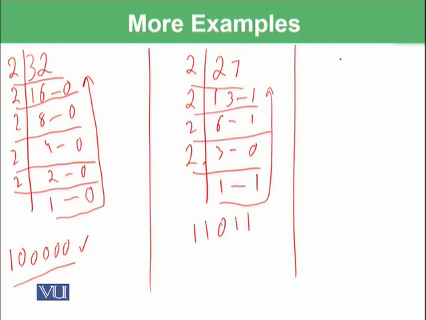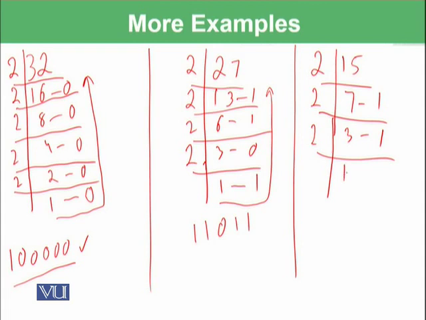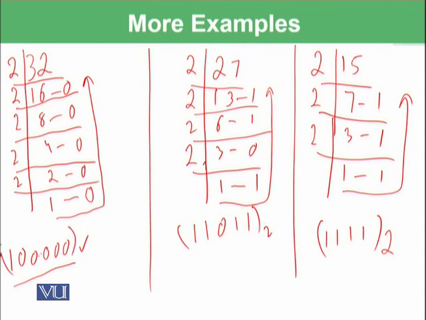We want to see the decimal 15 in binary notation. 2 sevens are 14, 1 is left. 2 threes are 6, 1 is left. 2 ones are 2, 1 is left. So writing in this direction, 1 1 1 1. This is in base 2, so we normally write it with a subscript 2. This 1 1 1 1 represents 15 in the binary system.